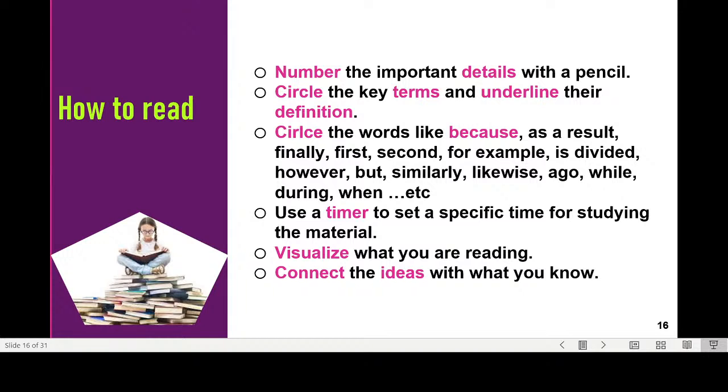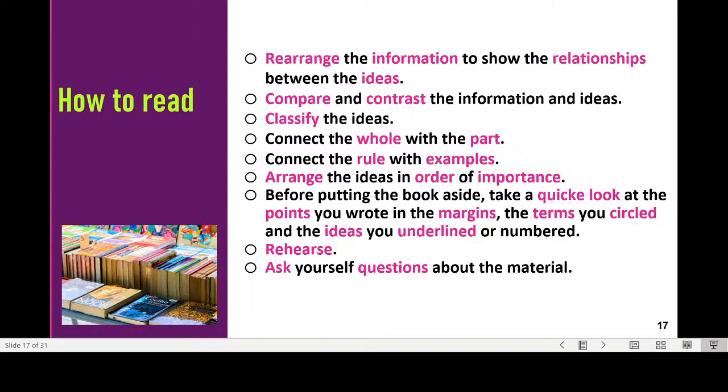While reading, try to visualize and form a mental picture of what you are reading. If you're reading about theories of learning, about foreign language teaching methodology or second language acquisition, try to visualize students learning in the classroom, how they are learning. Visualize teachers, visualize books and resources.